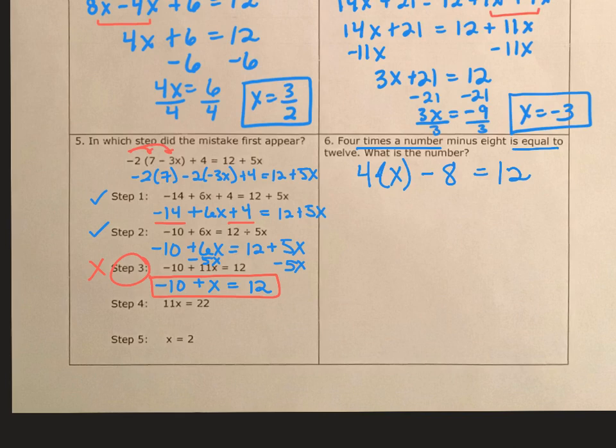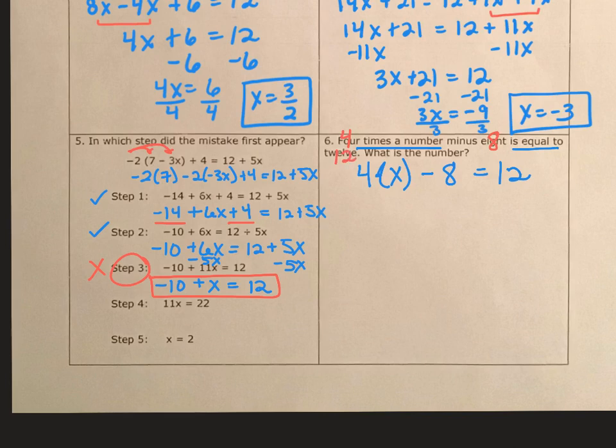Okay, so 4 times a number minus 8 equals 12. So I'm going to go ahead and put this in red so you can see that 4 times a number minus 8 is equal to 12.